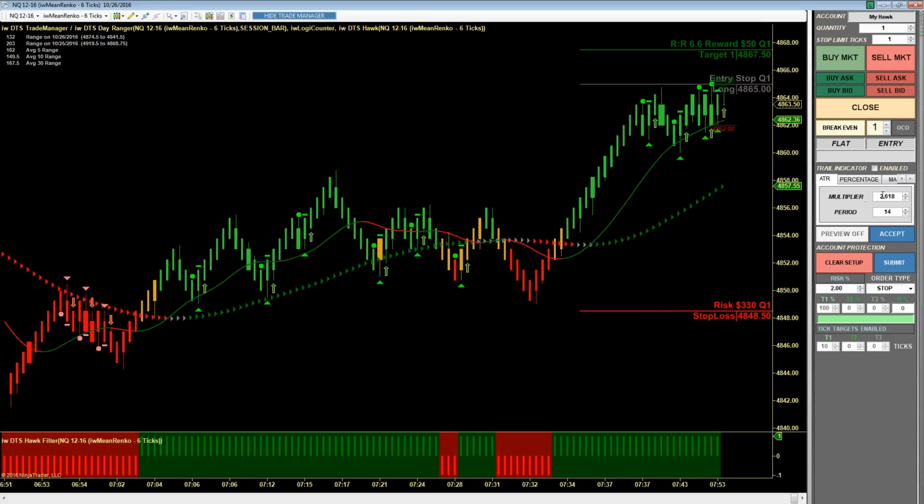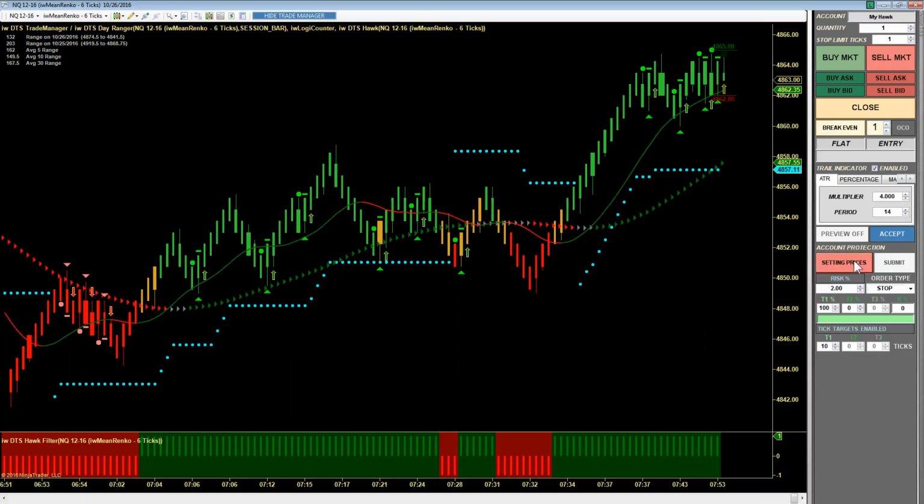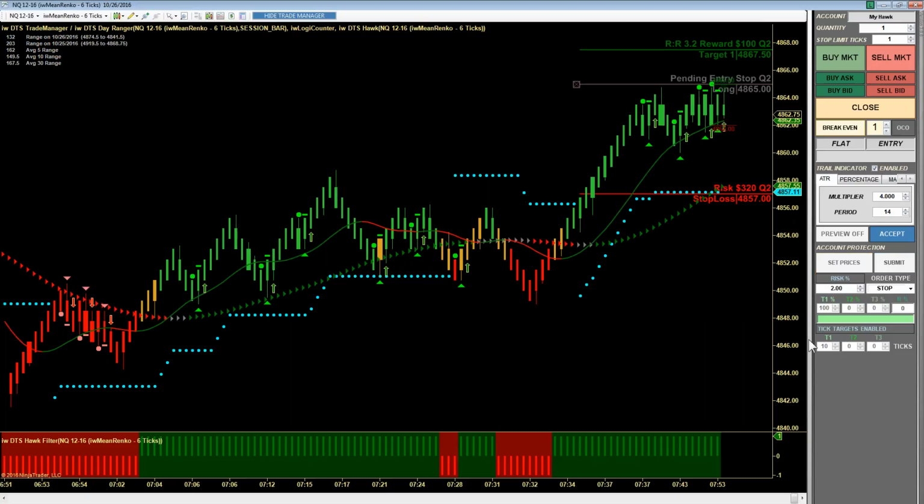But we'll play it a little bit tighter. Maybe I'll go with the 4-period ATR, and we'll do that. So we'll enter above the high, I'll cover it to the ATR.